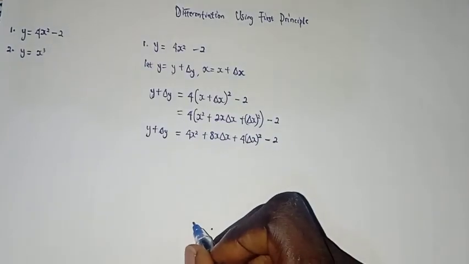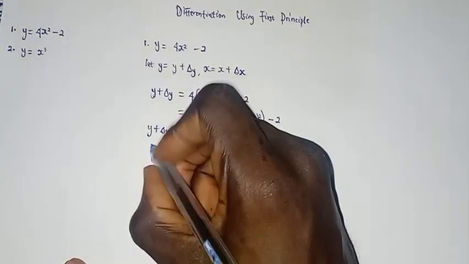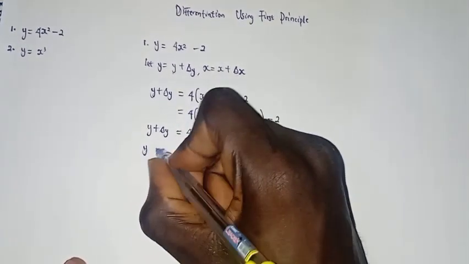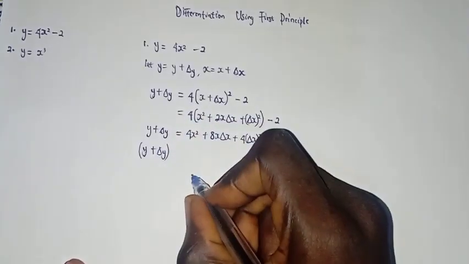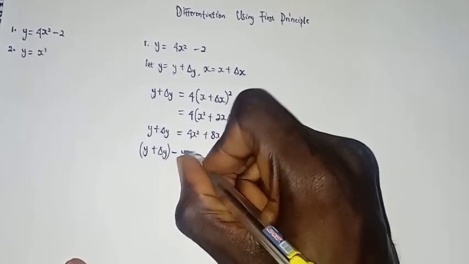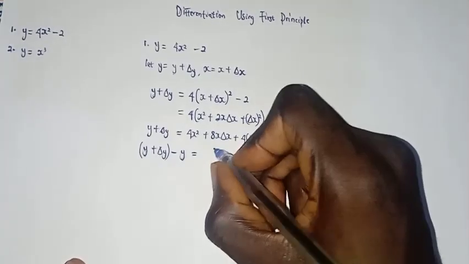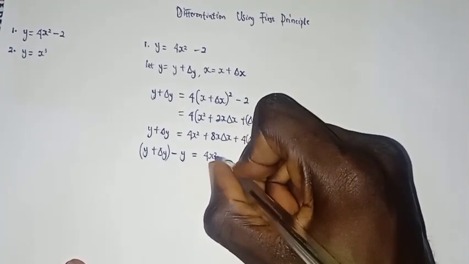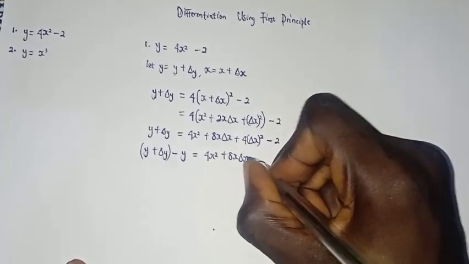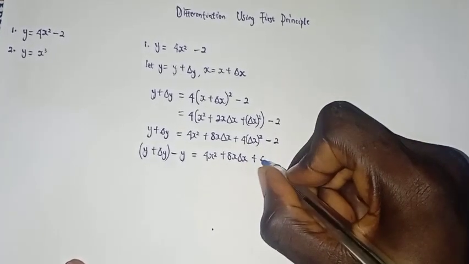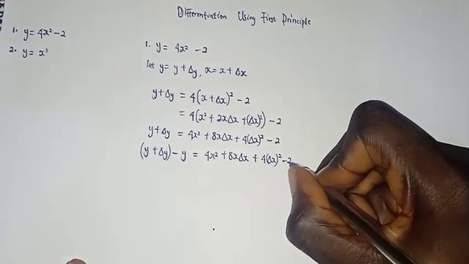Right, now the next thing to do is to subtract y from both sides, and so we have y plus delta y, right, minus y, and then on the right hand side we have 4x squared plus 8x delta x plus 4 delta x all squared minus 2, right?